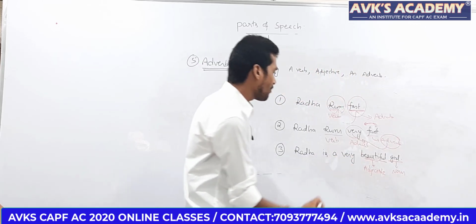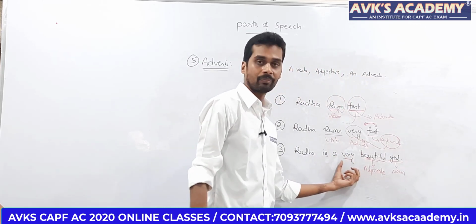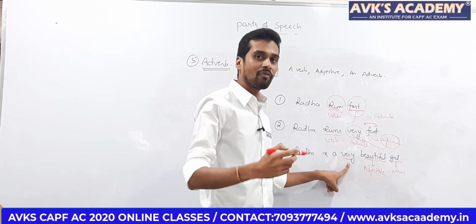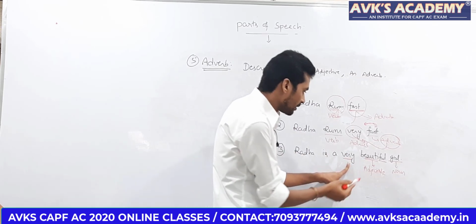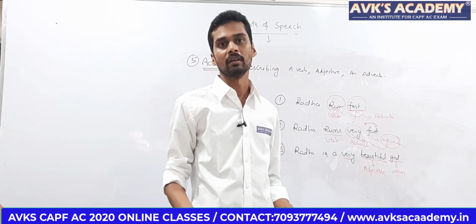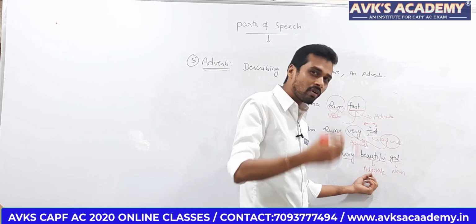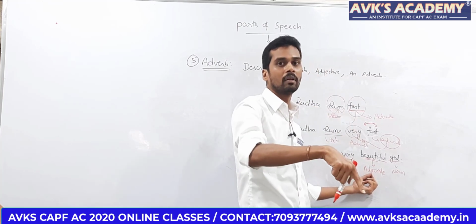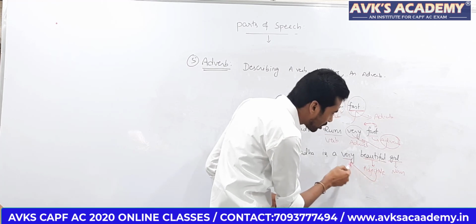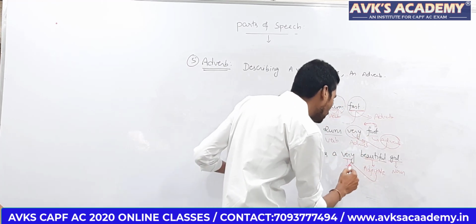Now here we have another word. Very. That means this very is qualifying or describing what? She is not just a beautiful girl, she is a very beautiful girl. So we are further describing that beautiful. Beautiful here is an adjective, so very becomes what?